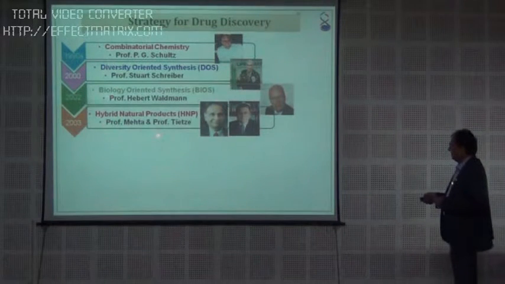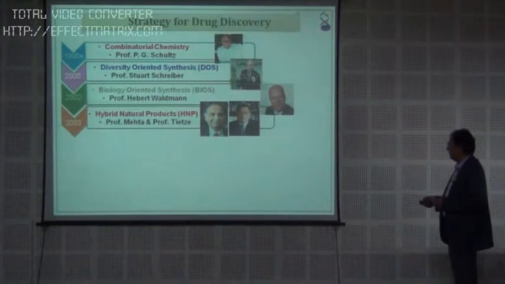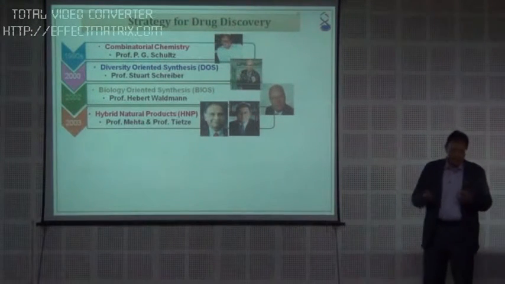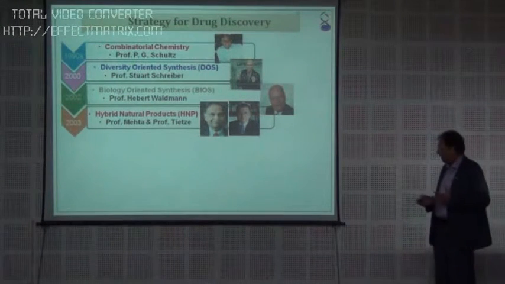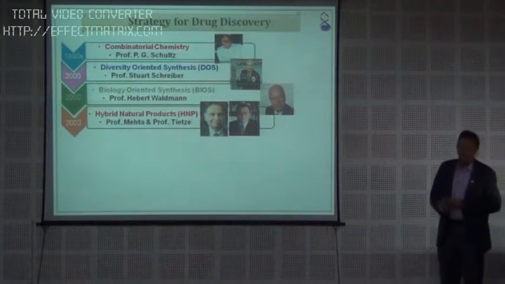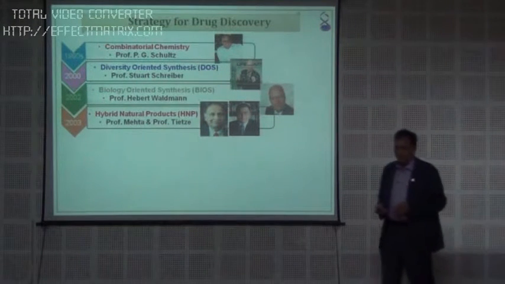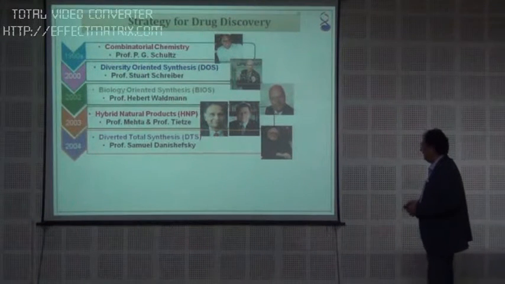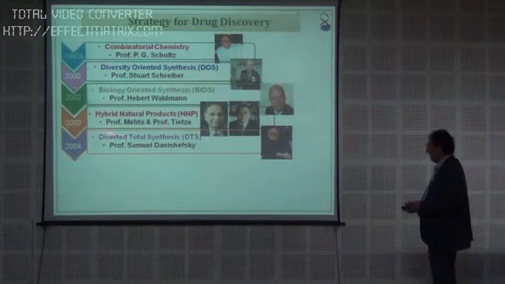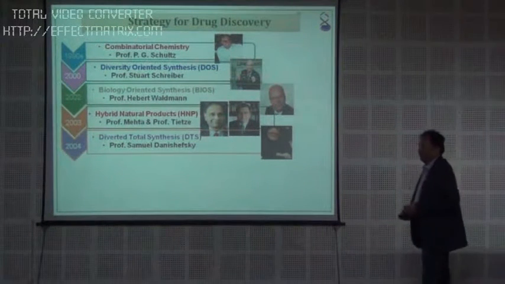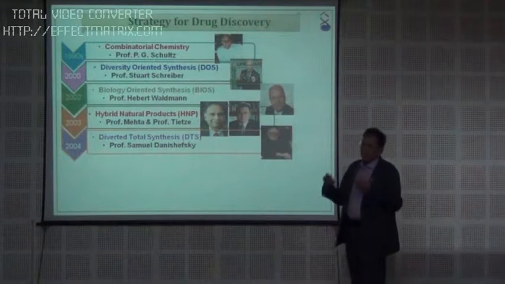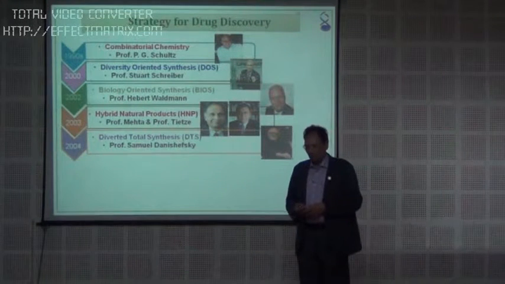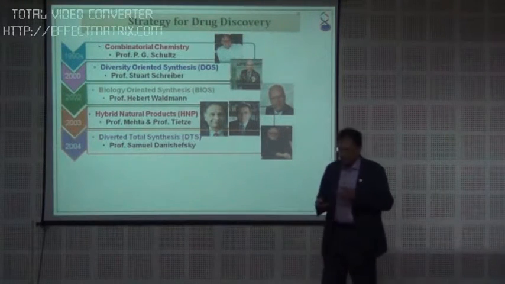Professor Mehta had also proposed, along with Tietze, that you make hybrid natural products and you may hit upon a drug, which, I'm sorry to say, didn't become a very versatile way to discover a drug. Another chemistry, which Dennis Fiske is developing and which is quite popular, is diverted total synthesis. His theory says that you keep on making molecules which should ultimately look like a natural product, and that may be the approach for drug discovery.